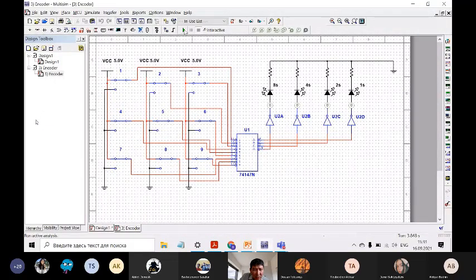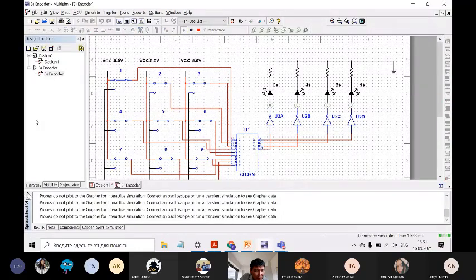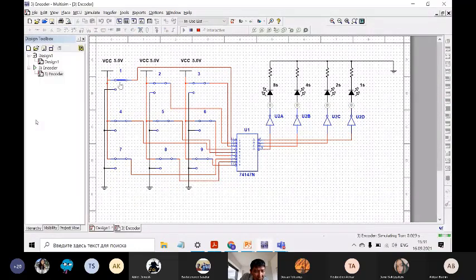For example, now I will simulate, and here you can see that now it's all closed. This switch is my keyboard, okay?